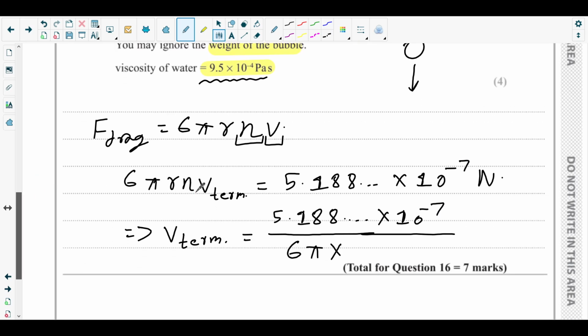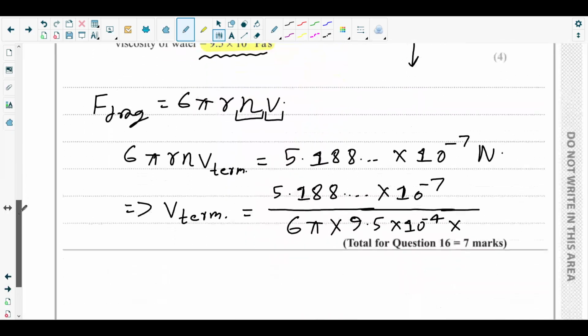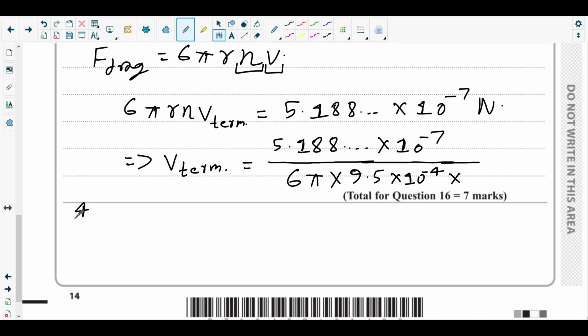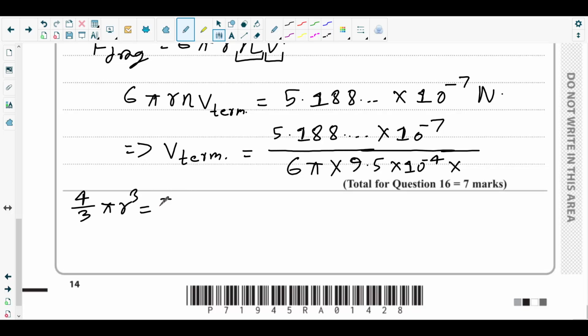The volume of a sphere is 4 over 3 pi r cubed, which equals 5.3 times 10 to the minus 11 meter cubed. So the radius is 5.3 times 10 to the minus 11 times 3, divided by 4 times 3.1416, and then cube root the whole value.